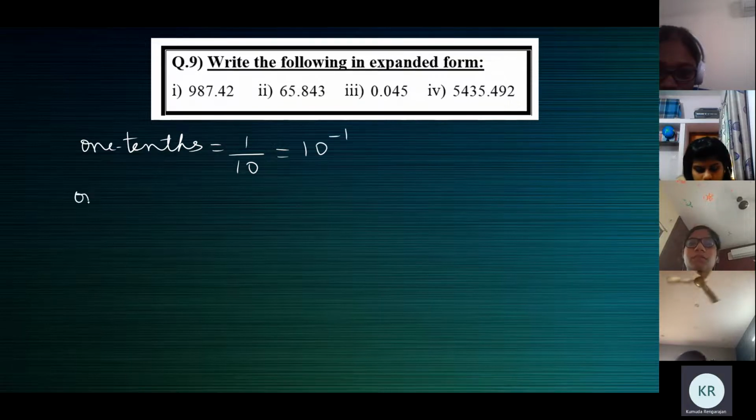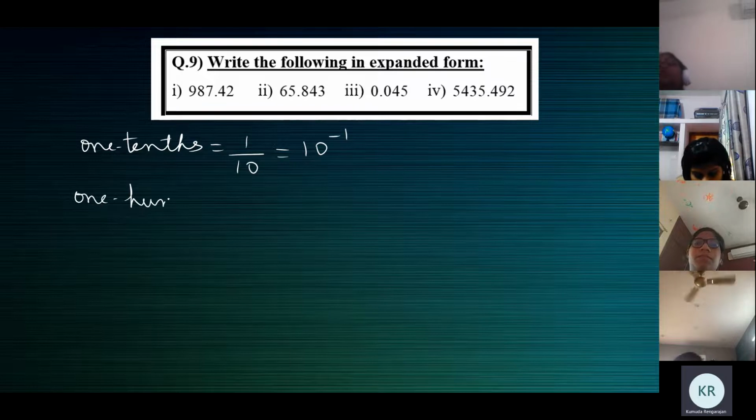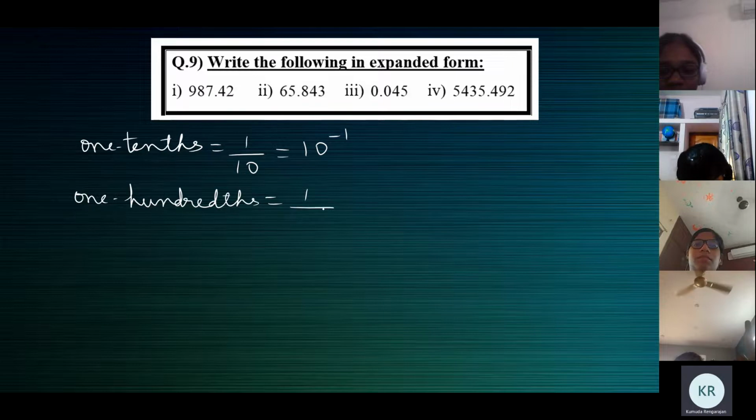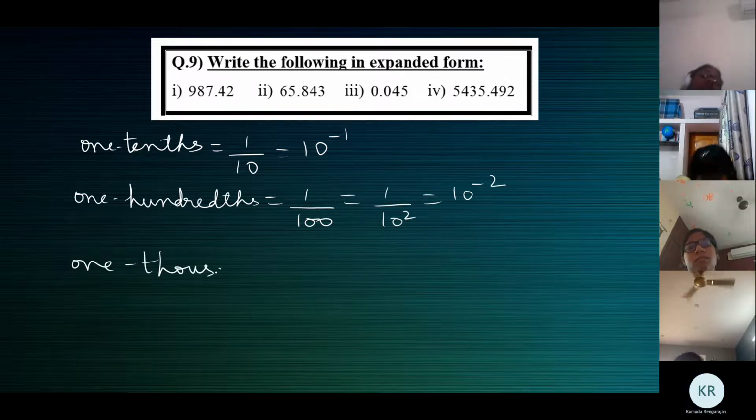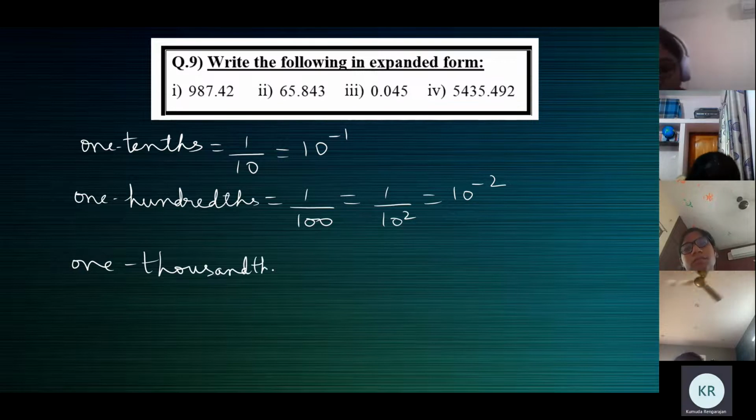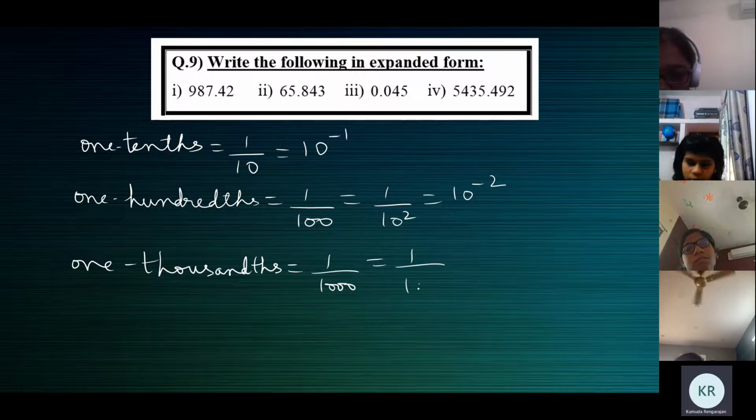Then the next place value is 1/100ths, hundredths, which is 1 by 100 or 1 by 10 squared or 10 to the power minus 2. The next one, it goes on like this. Thousandths, which is 1 by 1000 or 1 by 10 cubed, which is 10 to the power minus 3 and so on.